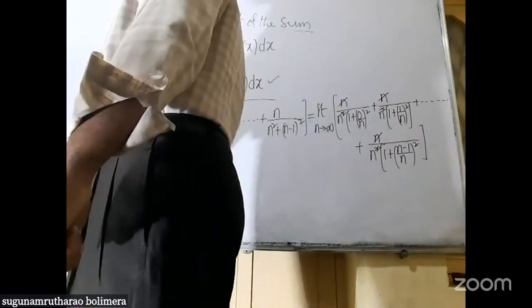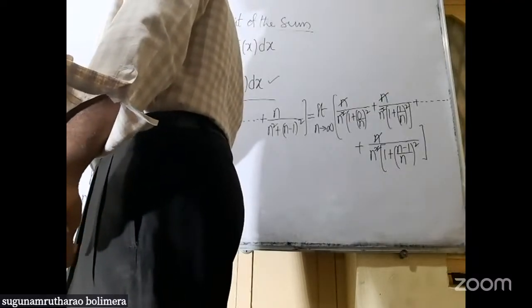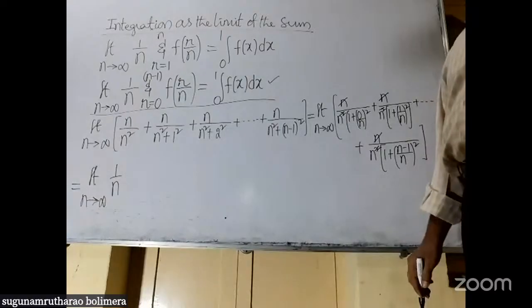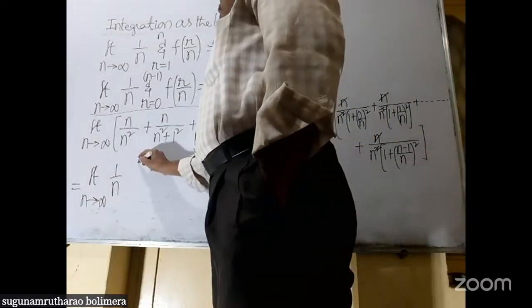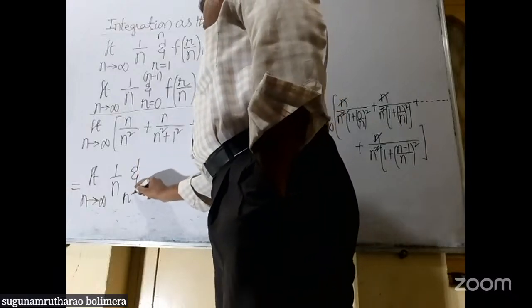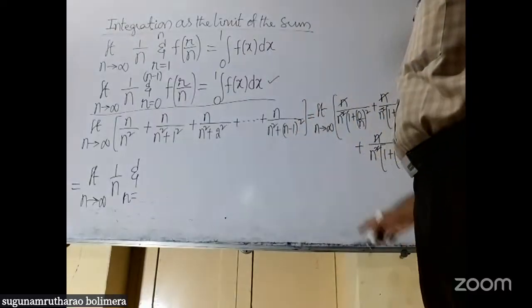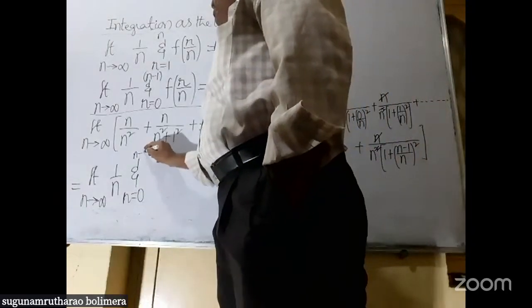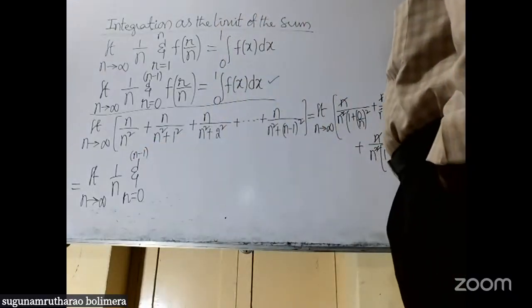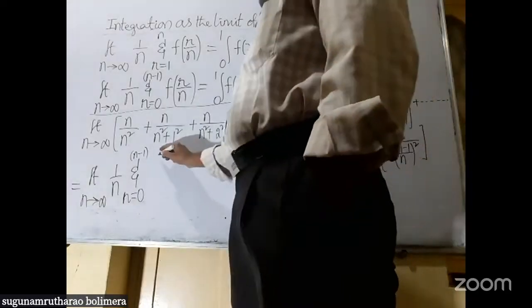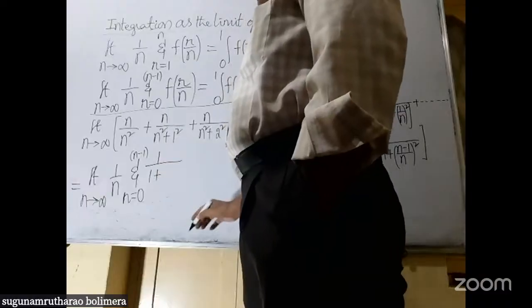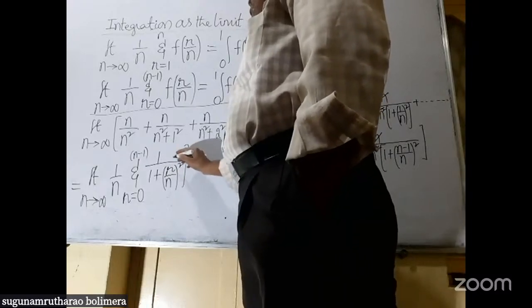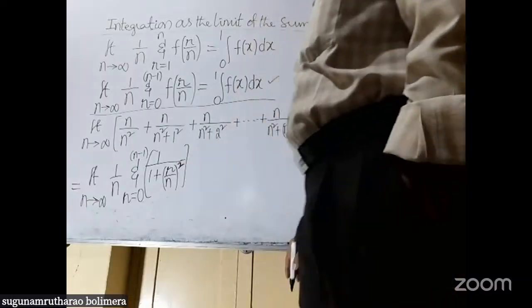This you can write as limit n tends to infinity, 1 by n into summation r equals 0 to n minus 1 of 1 by 1 plus r by n whole squared.